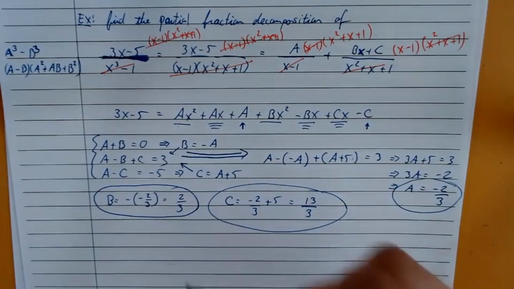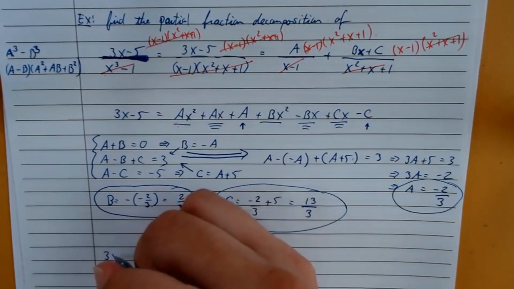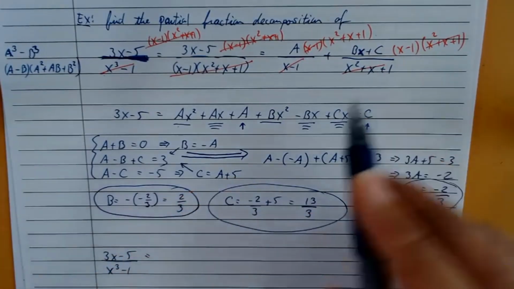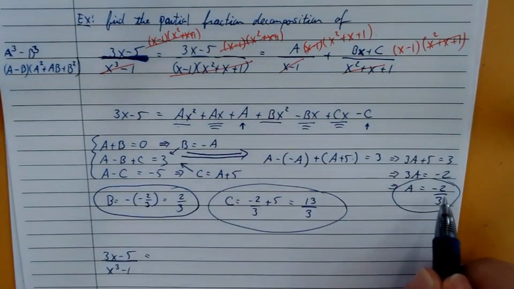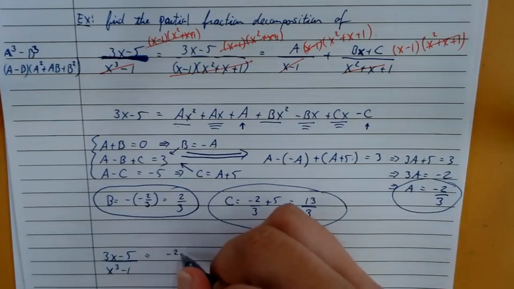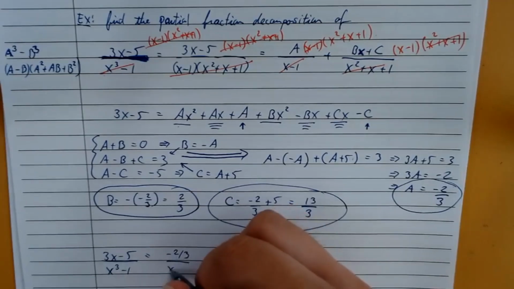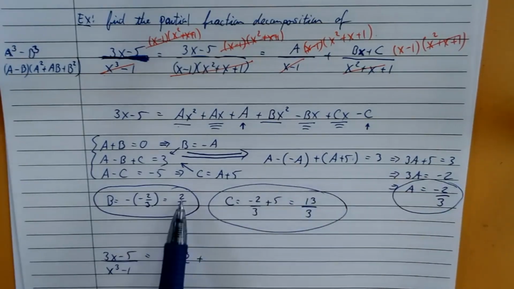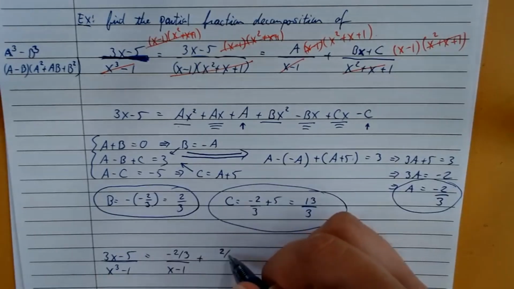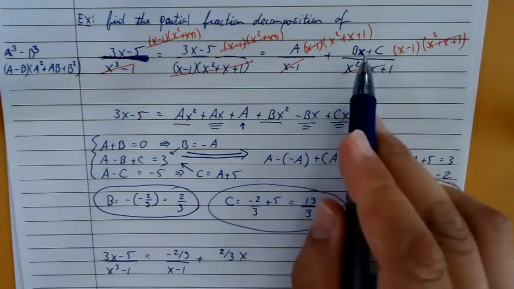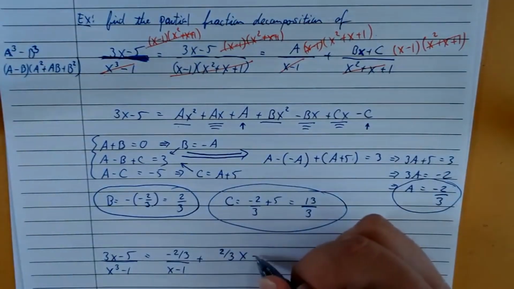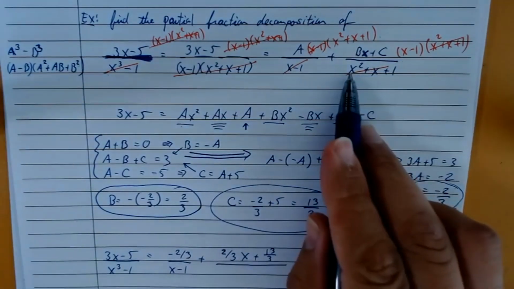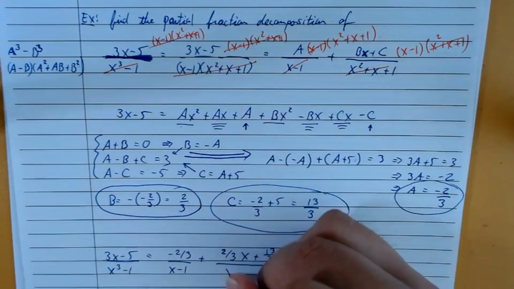We found our a, our b, and our c, which means that (3x minus 5) over (x cubed minus 1) must equal a, which we find to be negative 2/3, over x minus 1, plus our b, that's 2/3 x, plus our c, which is 13/3, over x squared plus x plus 1.